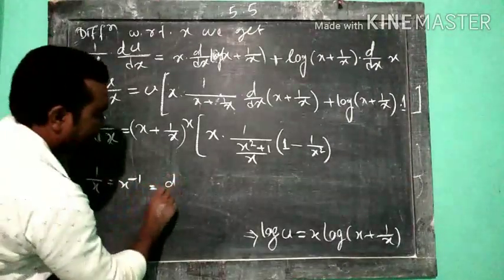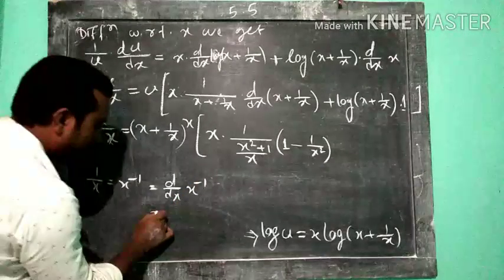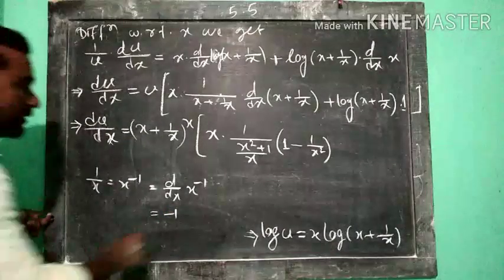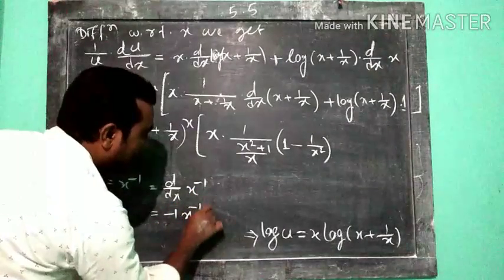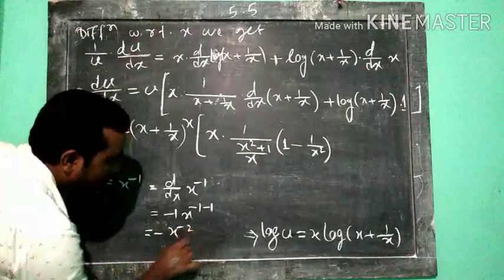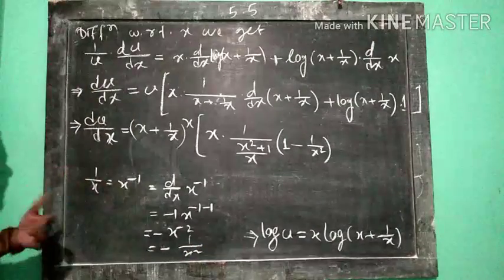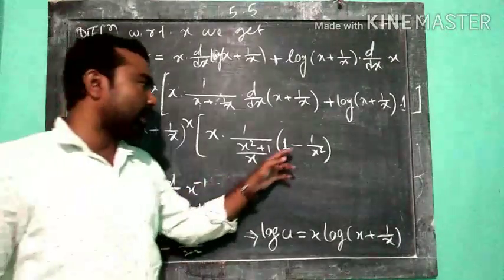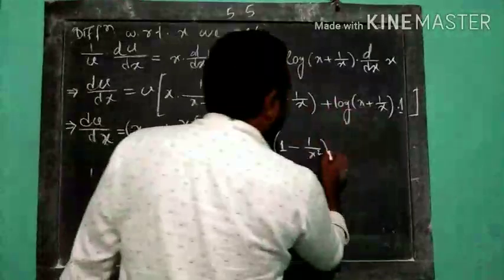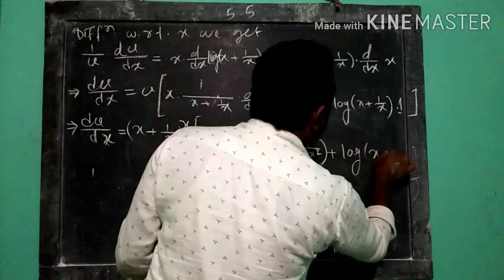So d by dx of x to the power minus 1: minus 1 comes out, x to the power minus 1 minus 1, which equals minus x to the power minus 2. This can be written as minus 1 by x square. So differentiating 1 by x, we get minus 1 by x square. Plus log of x plus 1 by x.